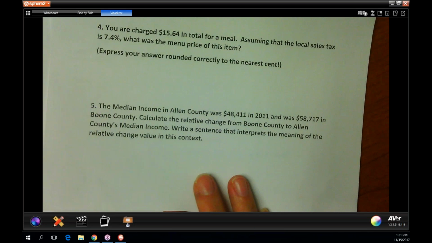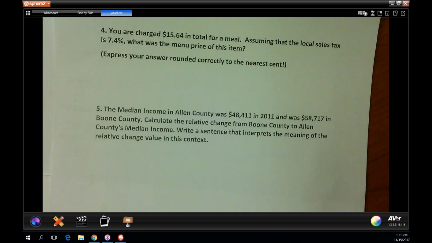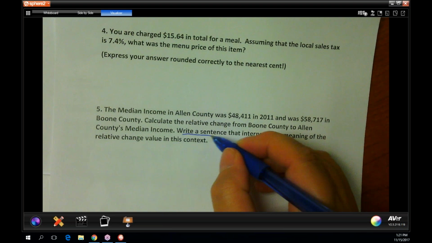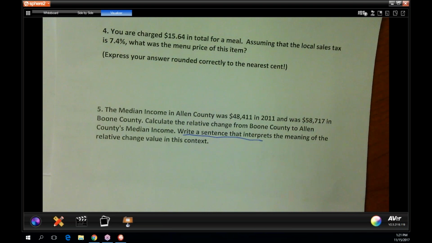Now try number 5, sample quiz question. And practice writing sentences because those are the high point test questions.